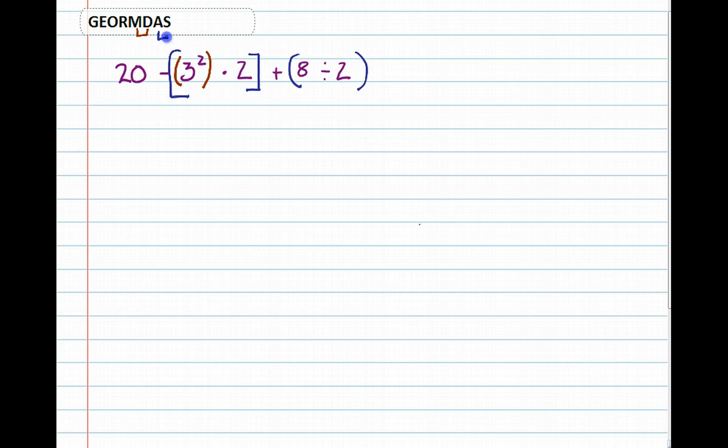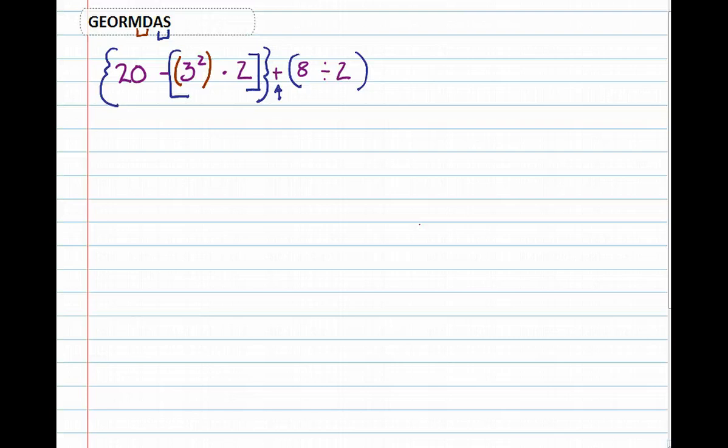Again, subtraction and addition I do from left to right. Because this subtraction is on the left, I'm going to do that first. I'm going to use braces. And notice I have addition left. This means that addition is my principal operator.